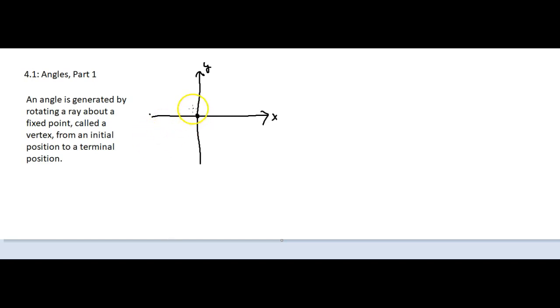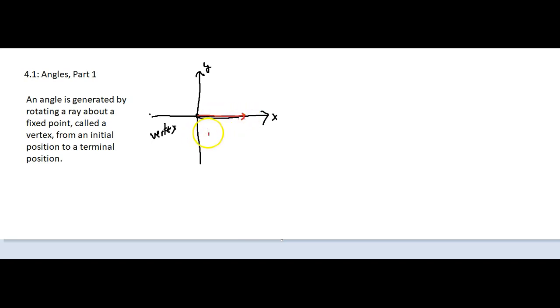So right where the X and the Y axis intersect, that is our vertex. That's the point that our rotation occurs on. So the initial position is going to be considered to be the positive X-axis. And let me just grab another color to make that stand out a little better. So the positive X-axis is when we go to the right on the X-axis.